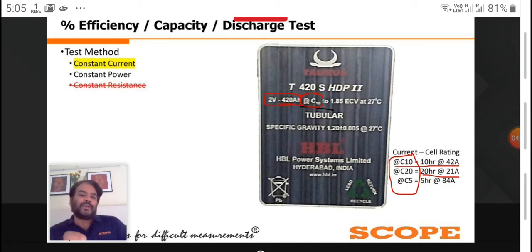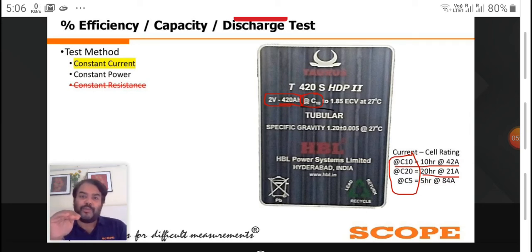So float charge is the condition when the battery has reached its 100% charge level. Now due to the internal resistance of the battery, there will be some internal circulation, and if I remove the charger from the charging system, from the battery bank, what will happen? The battery voltage will be coming down. So I need to keep the battery bank in a trickle charge mode so that it can maintain the 100% charge.